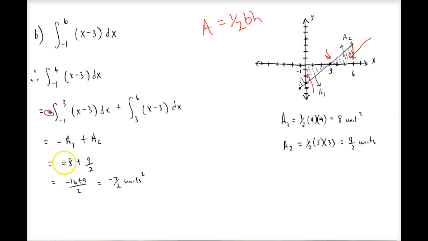So I just take the -8 square units and add it to the 4.5 square units, and I see that my net area is -3.5 square units. So this communicates to us that we have more area under the x-axis than it is above the x-axis for the limits of integration that we were given.